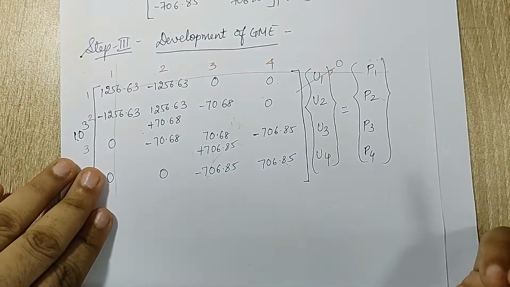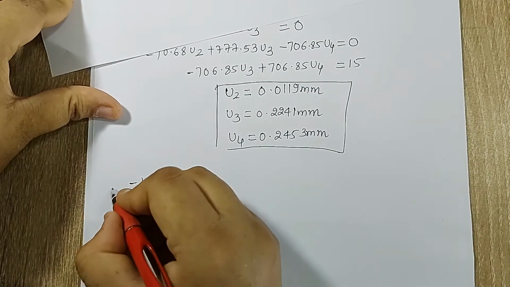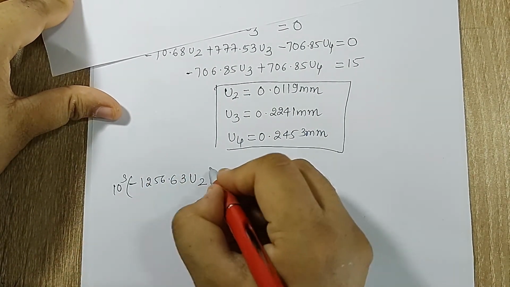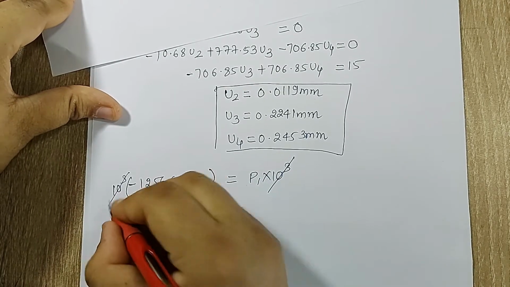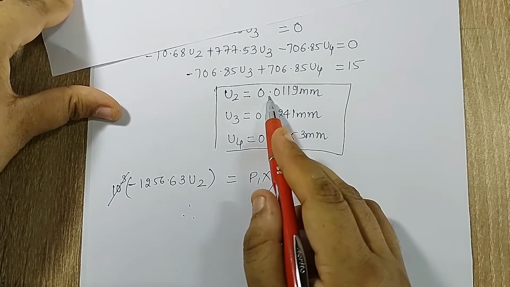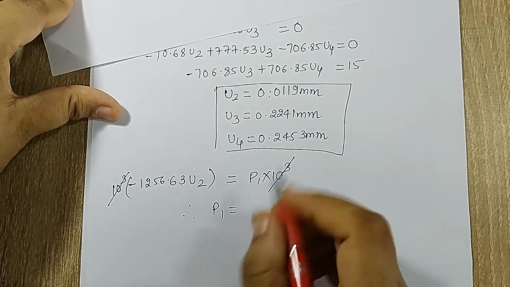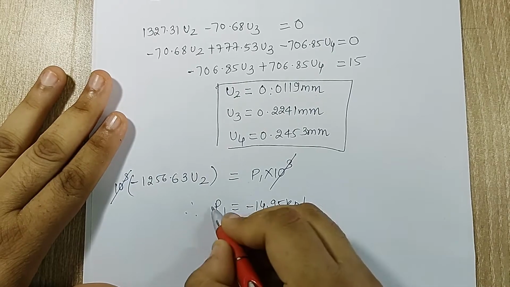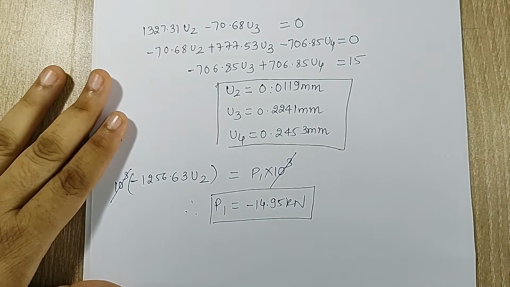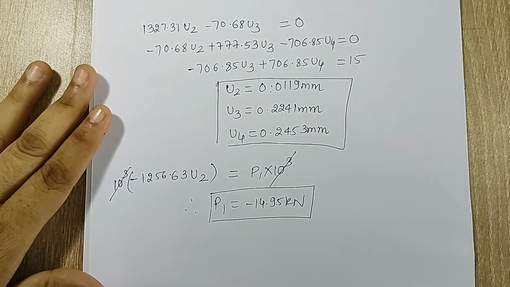To the left I have 10 raised to 3, and here P1 into 10 raised to 3. I'll get 10 raised to 3 cancelled from both the sides. U2 value is known to me. I get the value of P1 as minus 14.95. The unit obviously will be kilonewton. So this is one answer that I obtained.